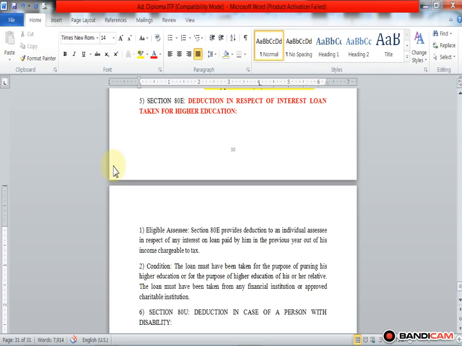So on the date of loan sanction, the assessee does not own any residential house. So the loan is taken purely for higher education purposes, for self or for relatives. Then this deduction is allowed for that assessee.